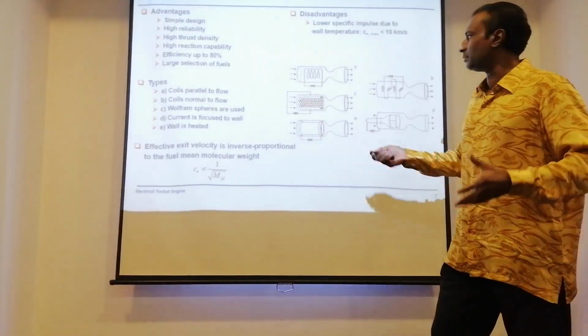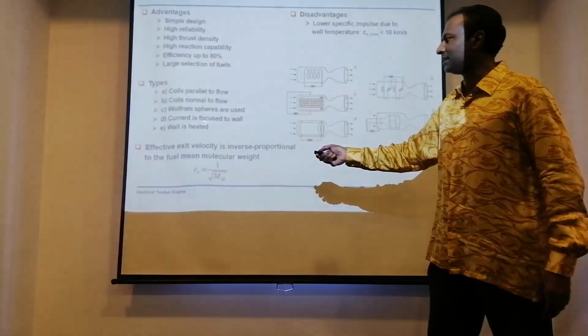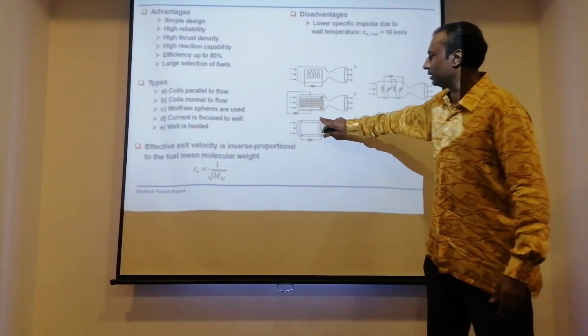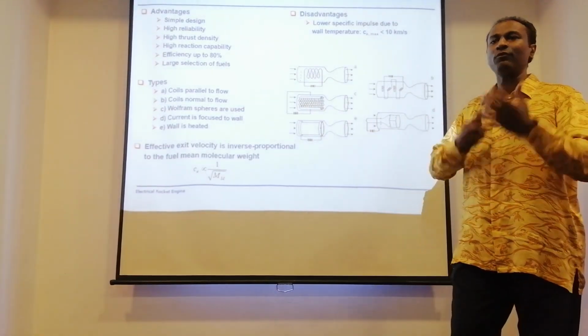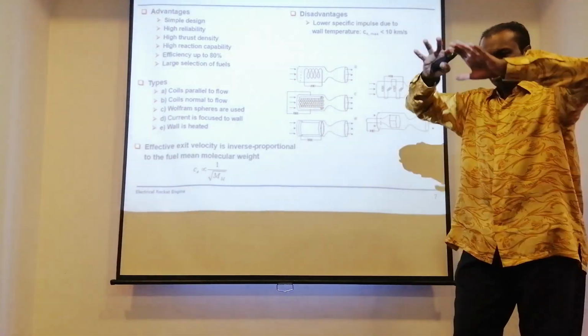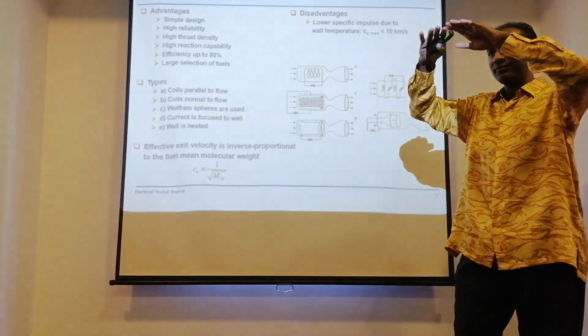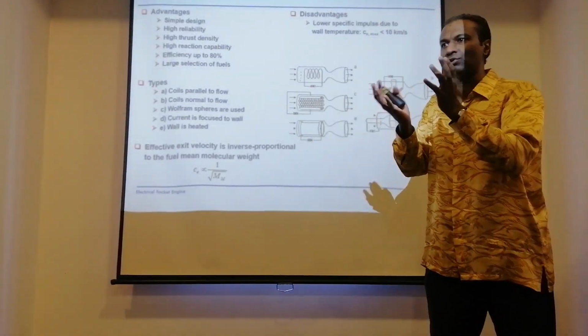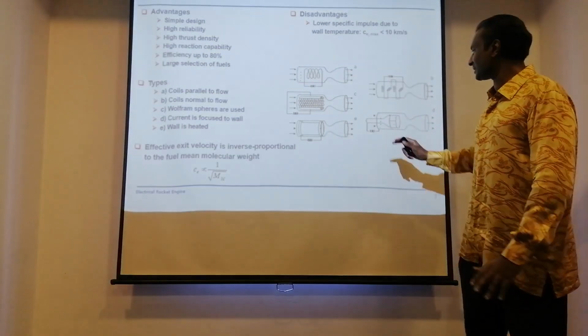It burns, and once burned, it gives me thrust. That's the fundamental. Current is focused on the wall here, for example. It's all the same thing, but they have varied the design. The whole thing will be hot, you splash the fuel, so the fuel can spread at the wall. A bigger contact area is more efficient.